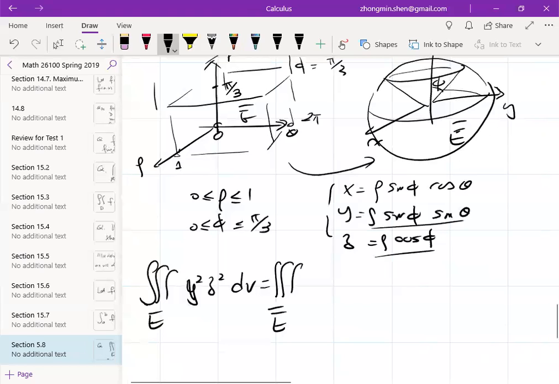To save time, maybe I should put it here. So y times z squared is rho squared sine phi, cosine phi, sine theta, all squared. And remember, dV becomes dV bar, but there's an additional term, rho squared sine phi. This is from the Jacobian. I already mentioned that earlier.